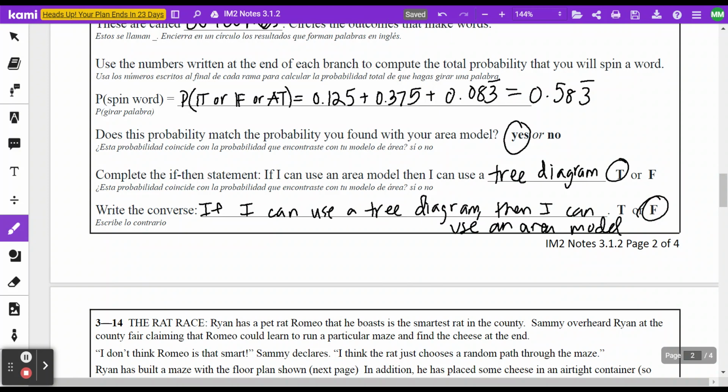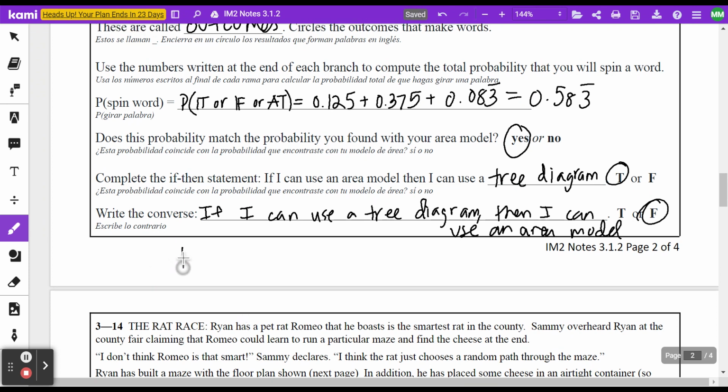An area model can only show what happens with two combined events. Event 1, event 2. Tree and area models are great. Area models are generally easier to look at than tree diagrams. However, a tree diagram actually has a few more capabilities.